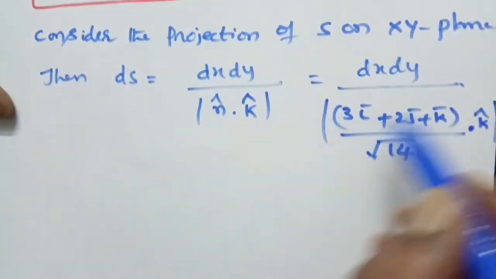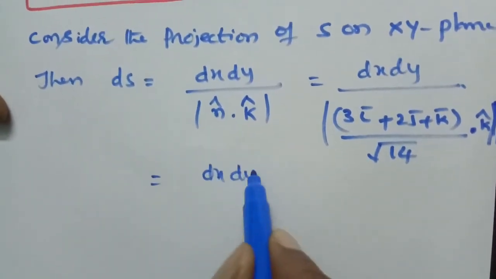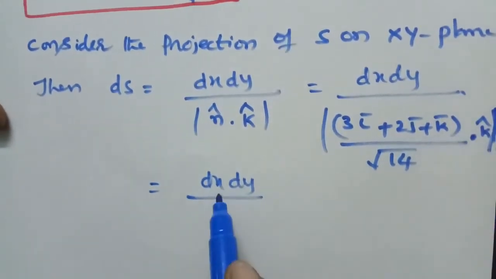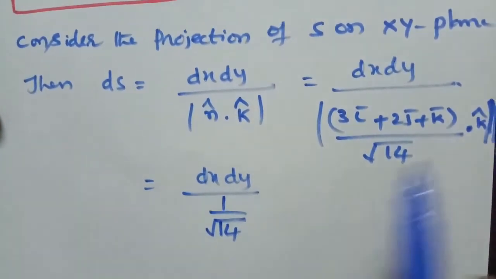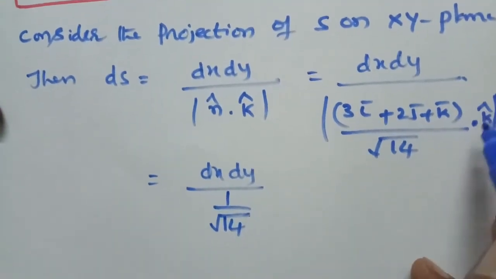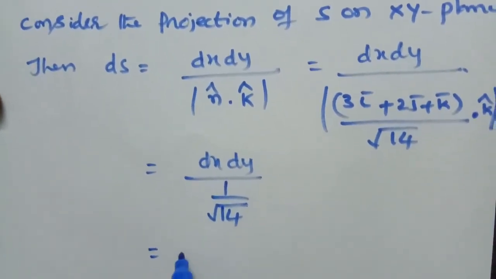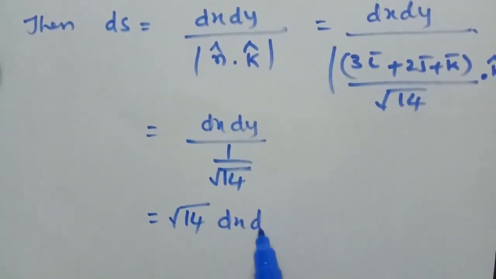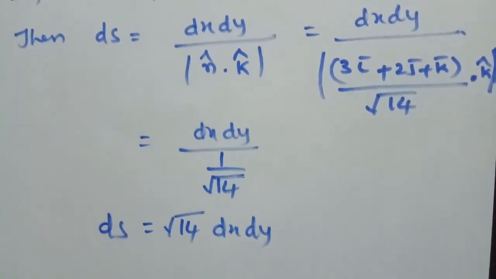So this is dx dy by 1 by root 14, since i bar dot k bar and j bar dot k bar are 0 and k bar dot k bar is 1. Therefore, ds is root 14 into dx dy.